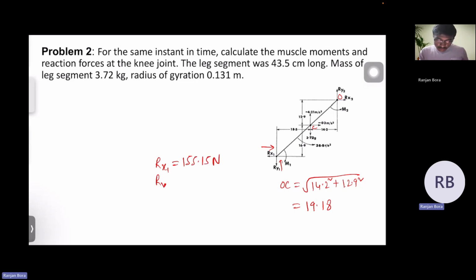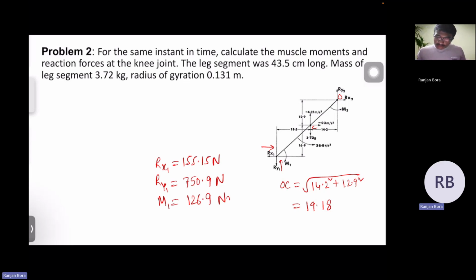Newton. Ry1 was 750.9 Newton. And M1 was 26.9 Newton meter.